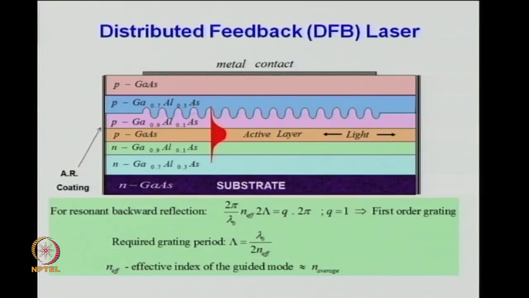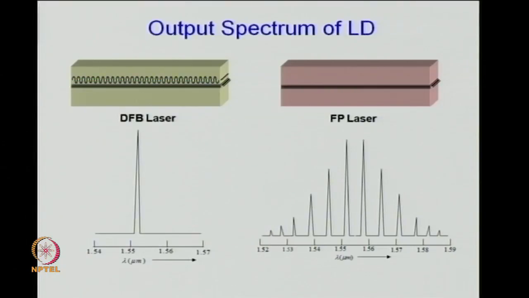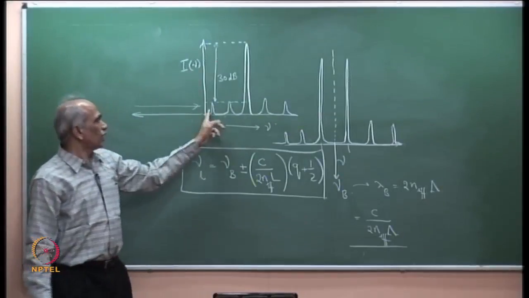So, this is the structure and here is the spectrum. Just to illustrate, if you take a Fabry-Perot laser, the same laser, it oscillates in multiple longitudinal modes, and if you have a periodic grating in the cladding to make it a distributed feedback laser, it oscillates in a single longitudinal mode. Normally, if you keep the linear scale, you will not see this.